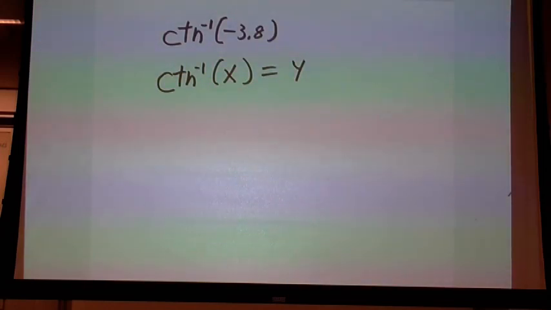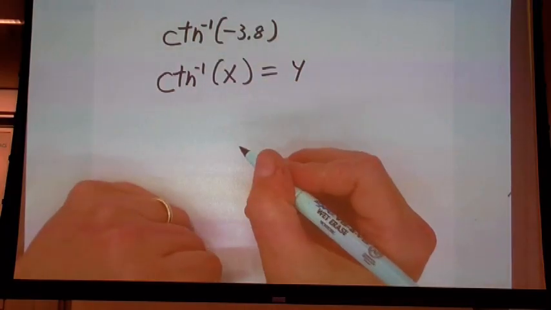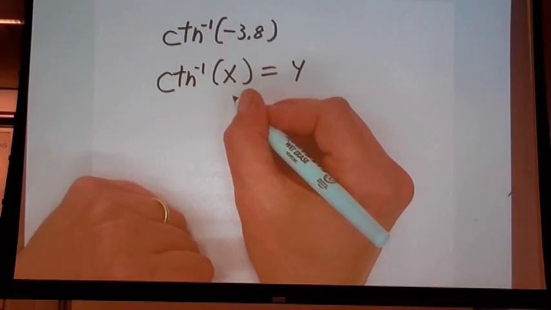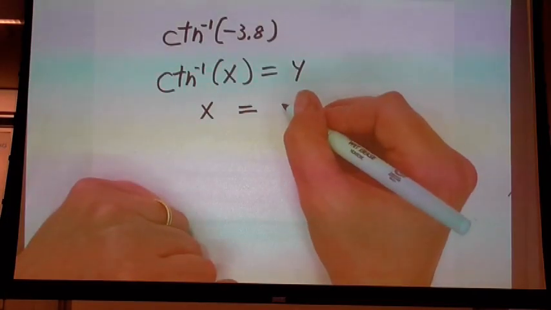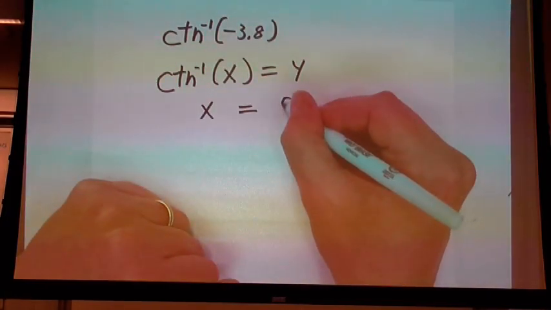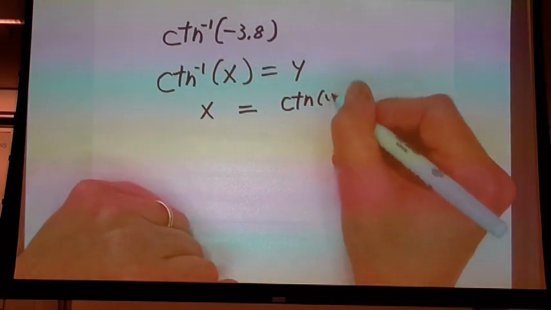And the inverse function of the inverse function is, of course, just the function back, right? So it doesn't matter where the minus 1 is. Okay, so I'm going to find the cotangent of both sides. On this side, I just end up with x. On this side, I end up with cotangent of y.